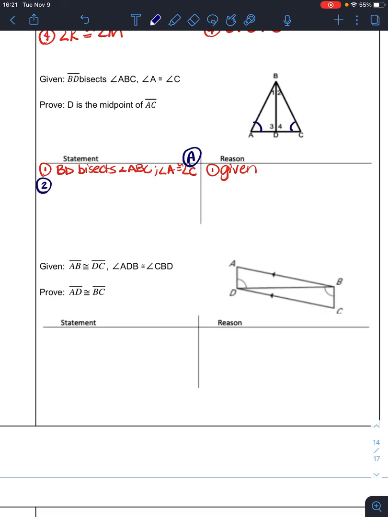Now, I've got this statement. BD, that segment BD, bisects angle ABC. So BD has cut that angle in half. Anytime I cut angles in half, angles are my result. So that tells me that angle 1 is congruent to angle 2, because that is the definition of angle bisector.